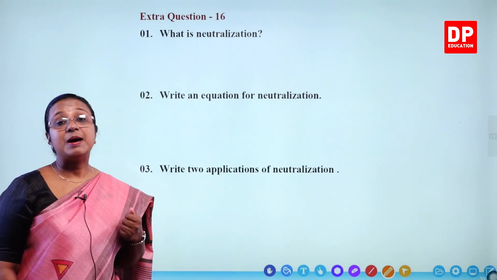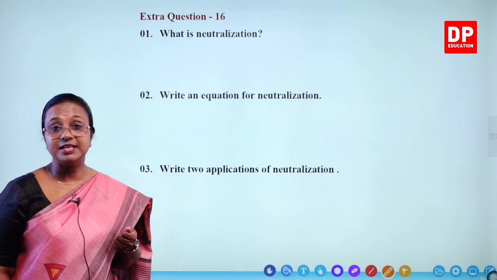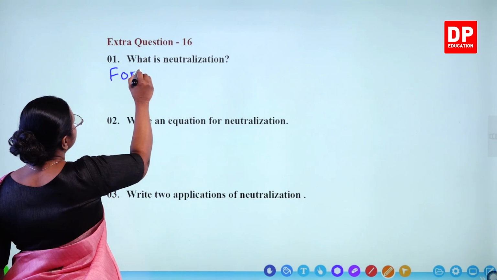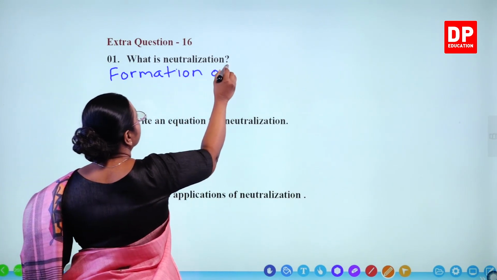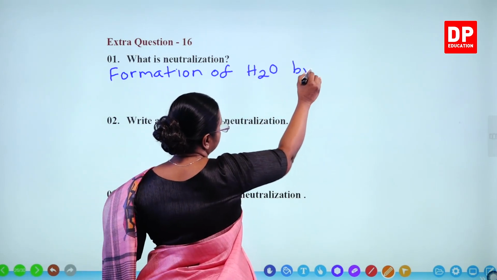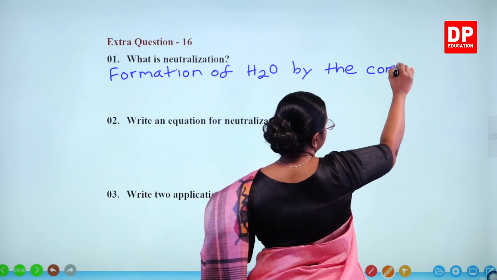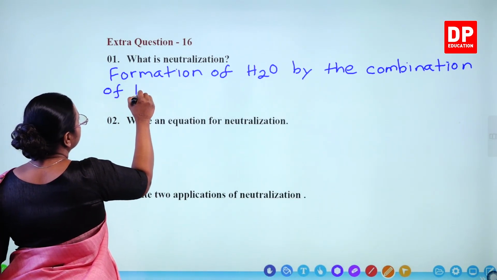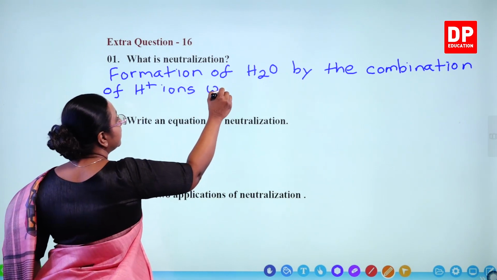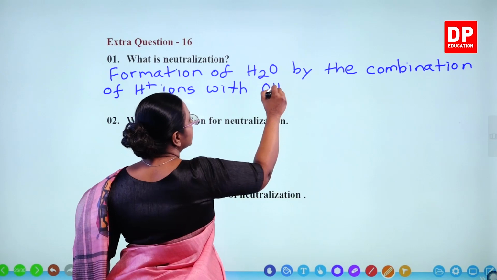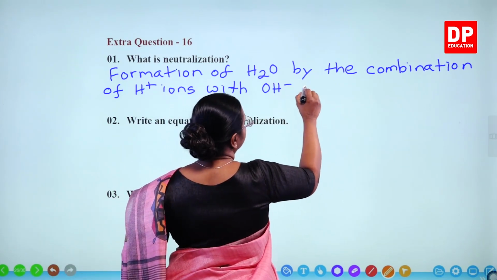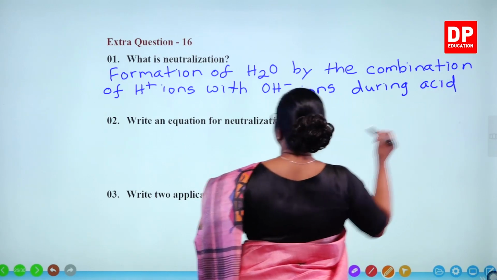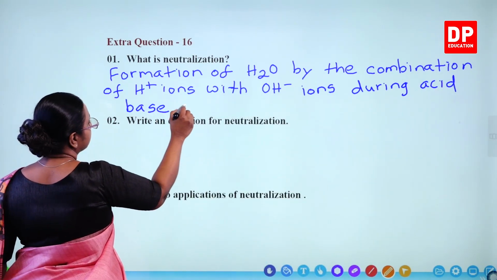Formation of water by the combination of H plus ions with OH minus ions during acid-base reactions.